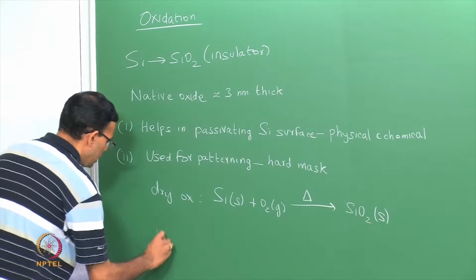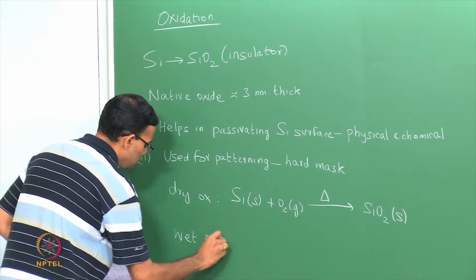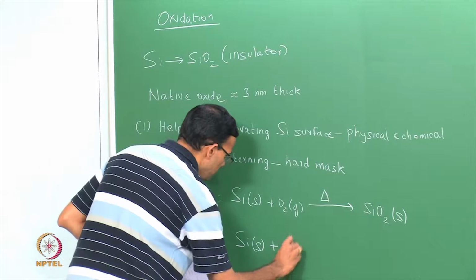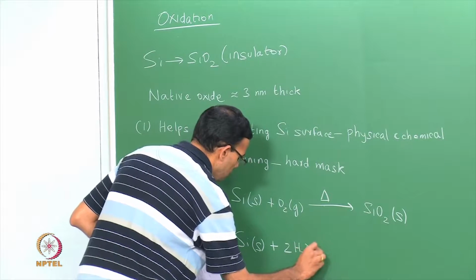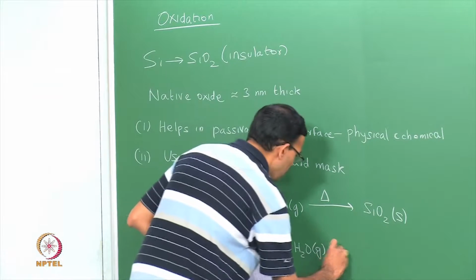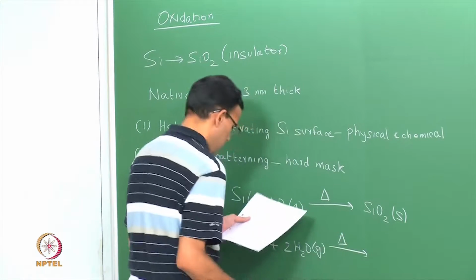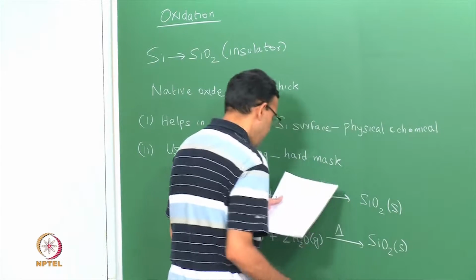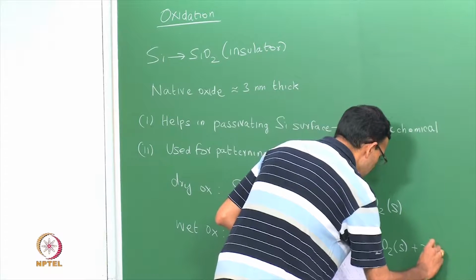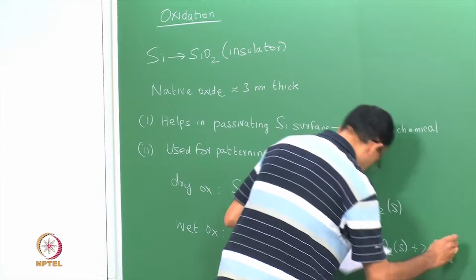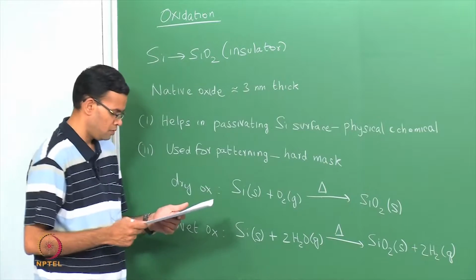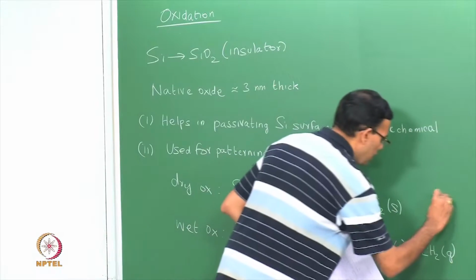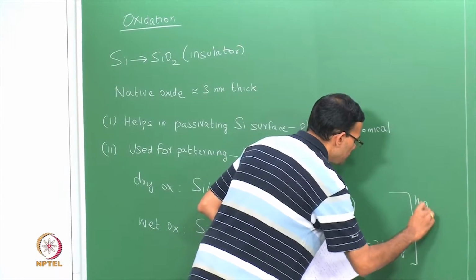The other kind of oxide is called wet ox, in which case silicon reacts with steam, again at high temperature, to give you silicon dioxide plus hydrogen. Both of these processes require high temperature and they both consume the silicon.